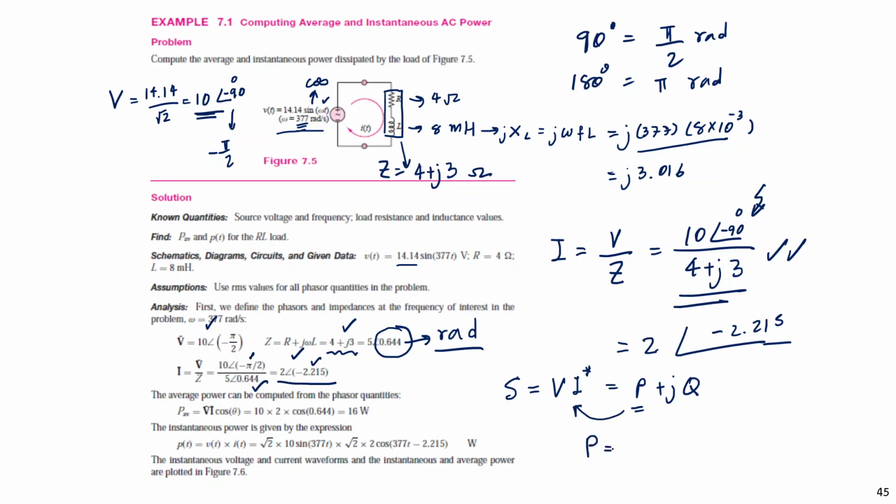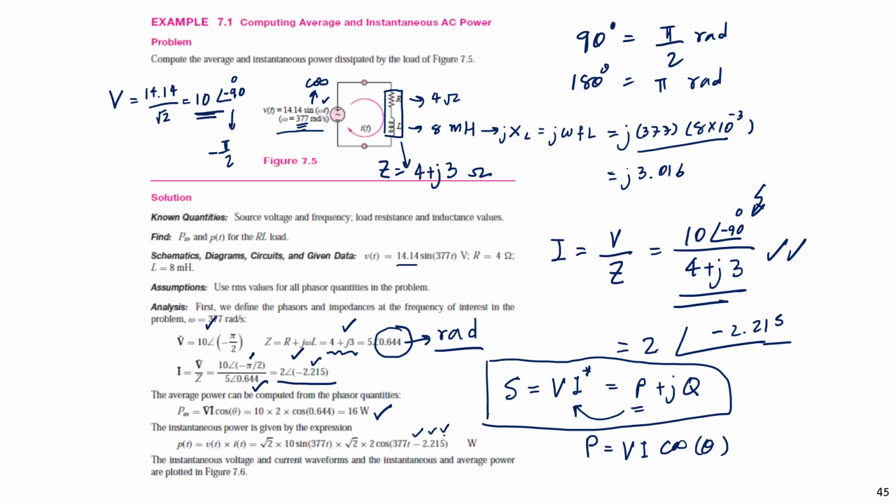So P can be VI cos theta. But anyway, you can just calculate this directly to avoid confusion. And this is the power in the form of sinusoid.